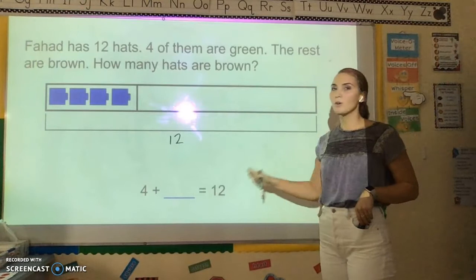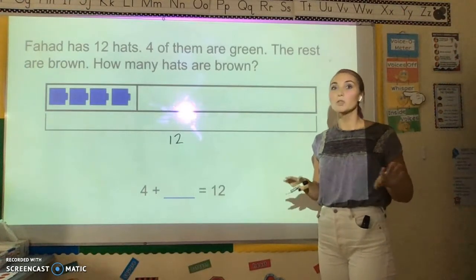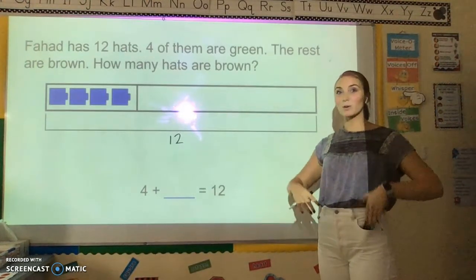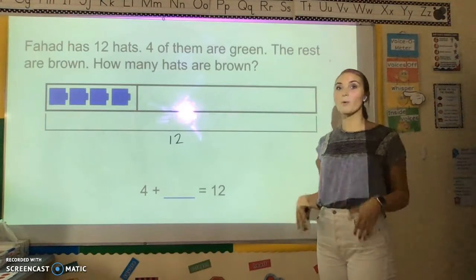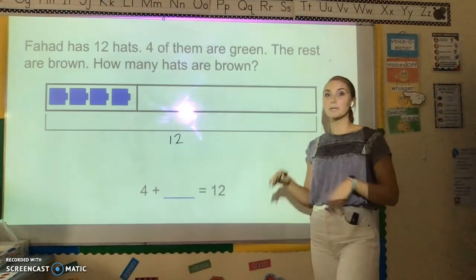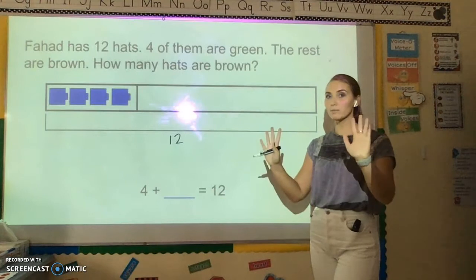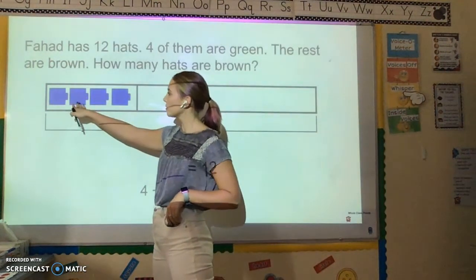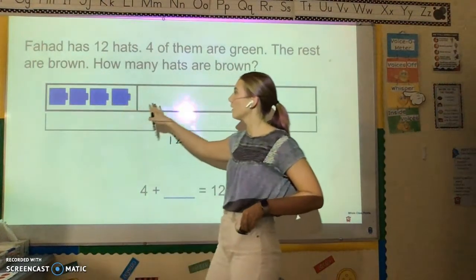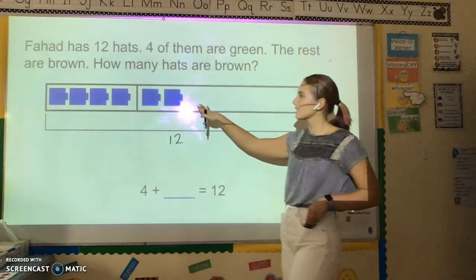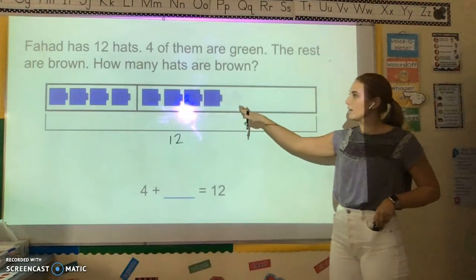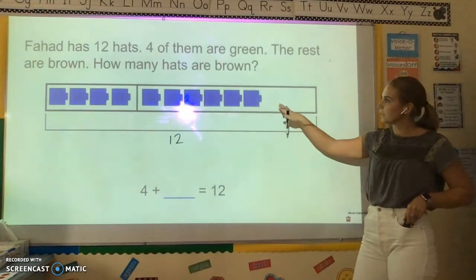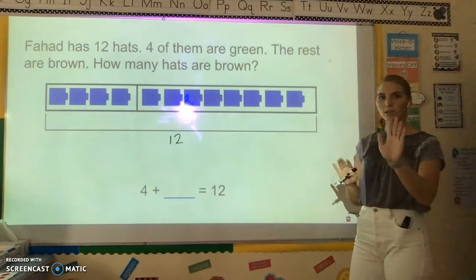How many of his hats are brown? So I know that he only has 12. So what we are going to do, boys and girls, is we are going to count up or add on until we get to 12. And when we get to 12, we're going to stop. Just like this. 1, 2, 3, 4, 5, 6, 7, 8, 9, 10, 11, 12.